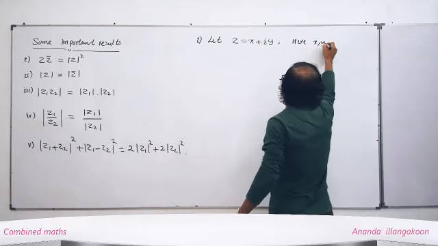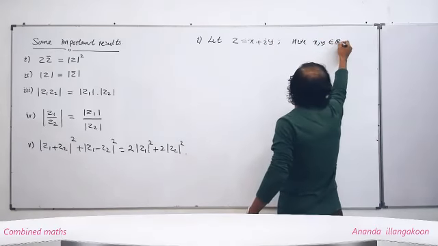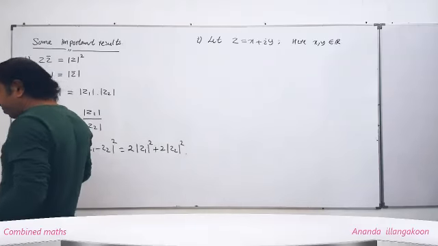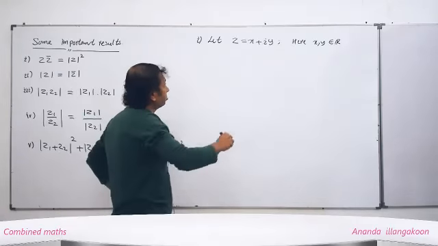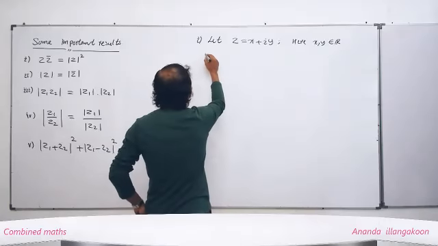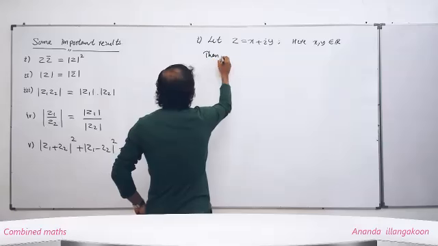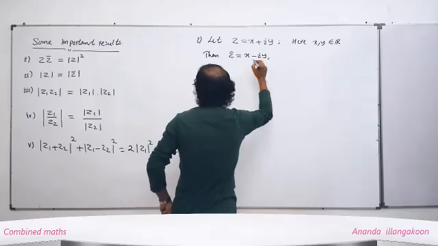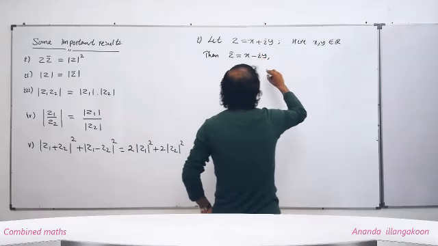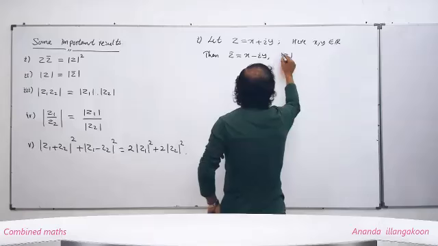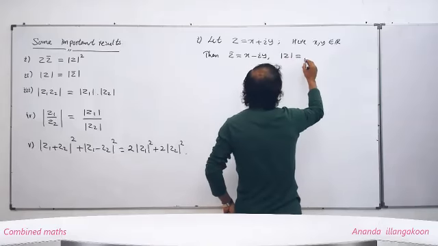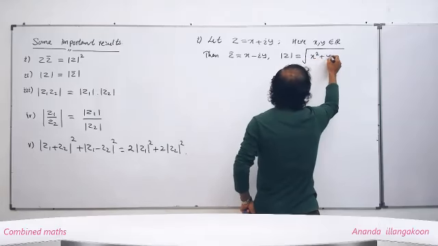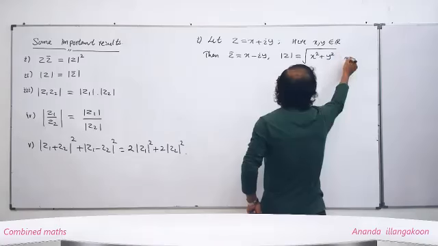Here x comma y are real numbers, right? You know, people, the definition of modulus. Then you can write z bar going to be x minus iy, and modulus of z going to be, people, the square root of real part perfectly squared plus imaginary part perfectly squared.